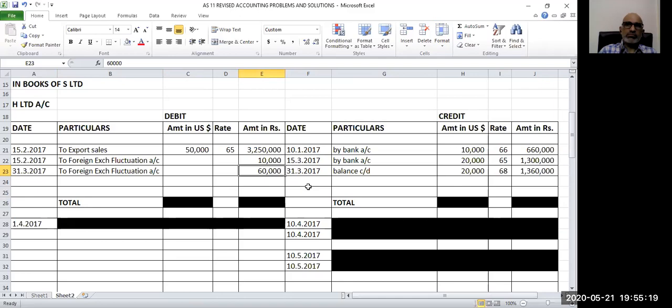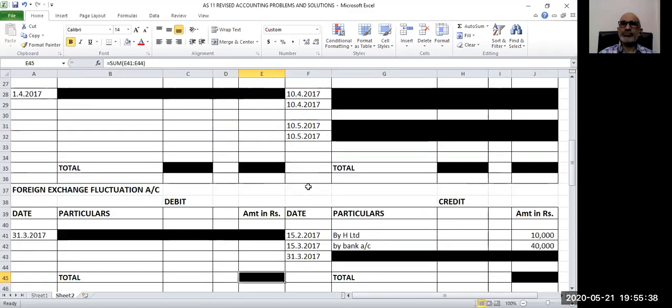So we are going to transfer this gain to foreign exchange fluctuation account. The entry will be H limited account debit to foreign exchange fluctuation account 60,000 rupees. So on 31st March, we will transfer this gain over here, 60,000 rupees.